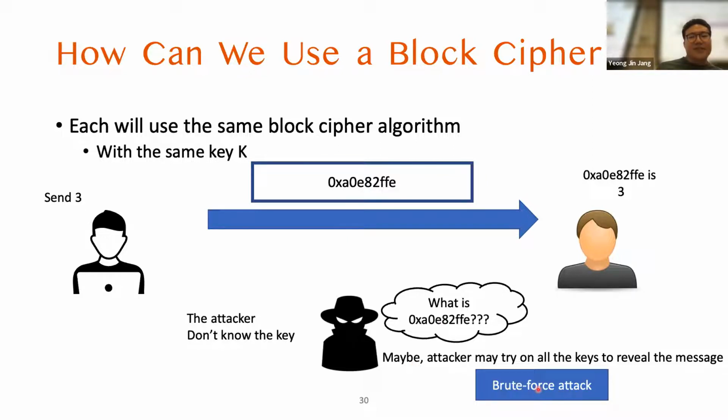Any other questions about the usage of the block cipher and the attacker model here? Yes. Does it use the XOR? Internally, it uses shift, XOR, add, subtract, that kind of thing.